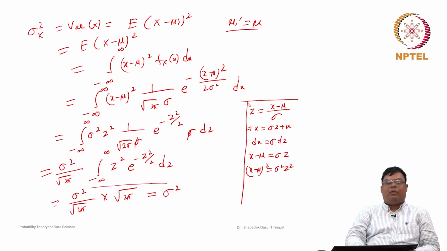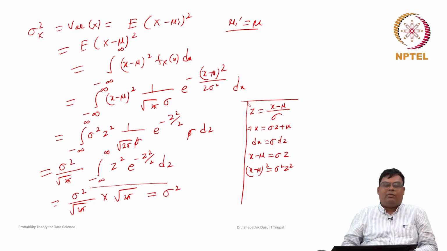So, we have learned the normal distribution probability density function, checked that it is a density function integrating to 1, and also found its mean and variance. The parameters mu and sigma square are significant: mu is the mean of this random variable and sigma square is the variance of this random variable.